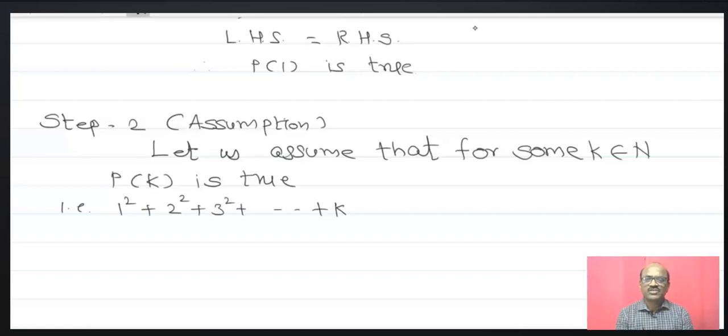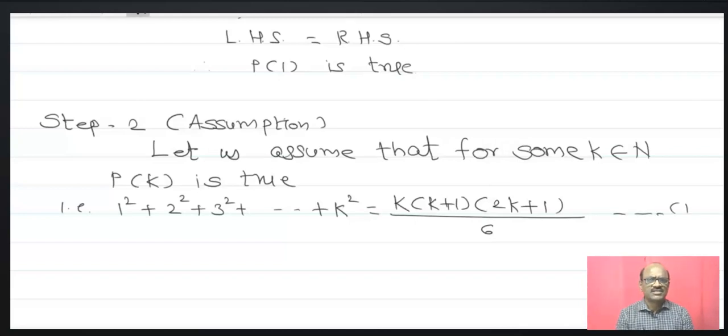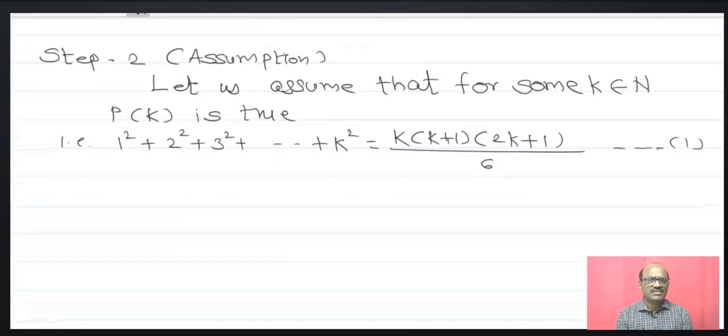Therefore, 1 square plus 2 square plus 3 square plus ... plus k square is equal to k(k plus 1)(2k plus 1) upon 6. This is our assumption. The second step is always for the assumption. The first step is for the foundation.